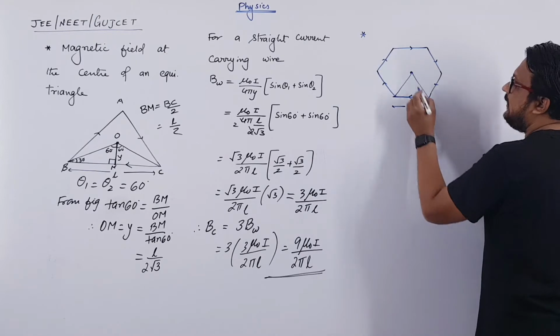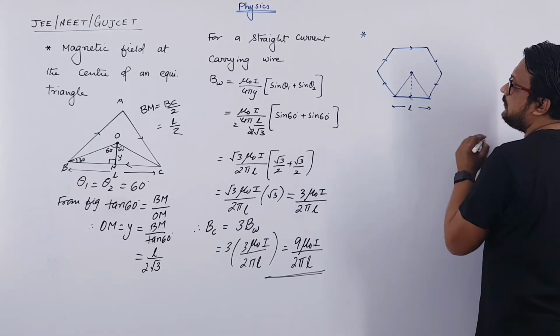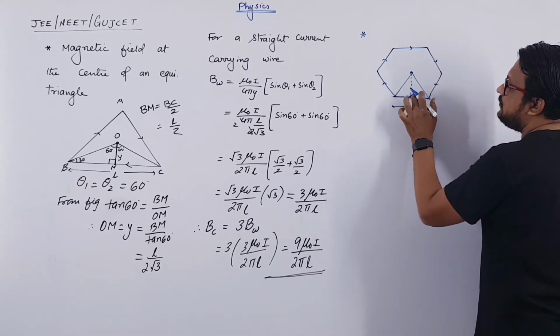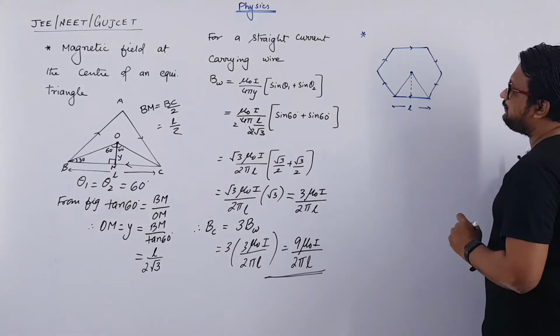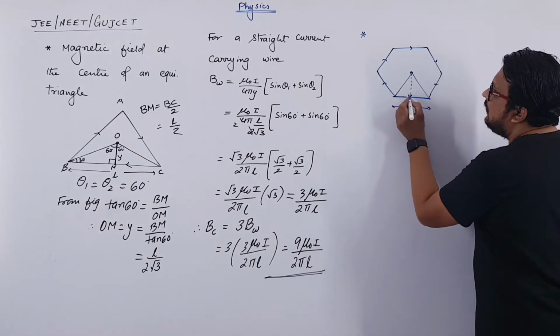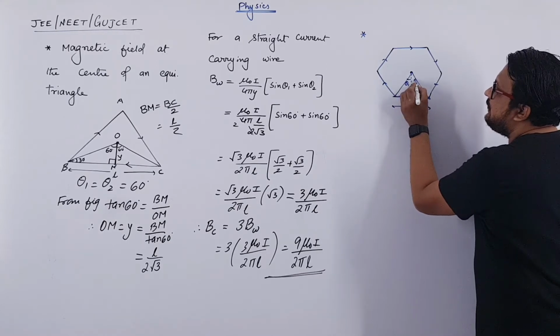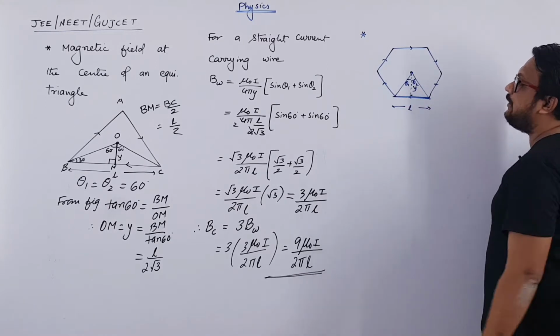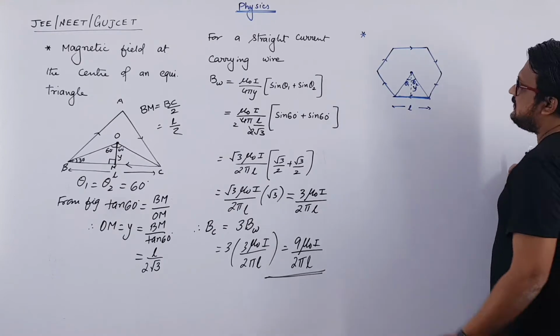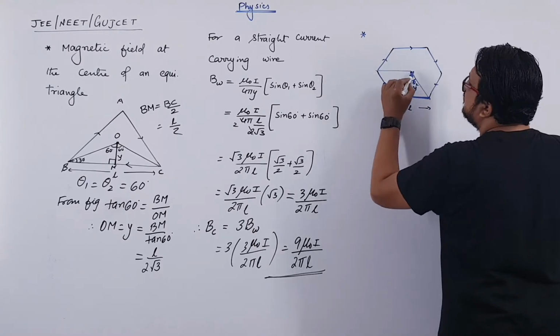Again you will find that if you draw a normal over here, let us remove this arrow, then this will be Y, and let us say this angle is theta 1 and this angle is theta 2. What will be theta 1 and theta 2? 60 obviously, right?